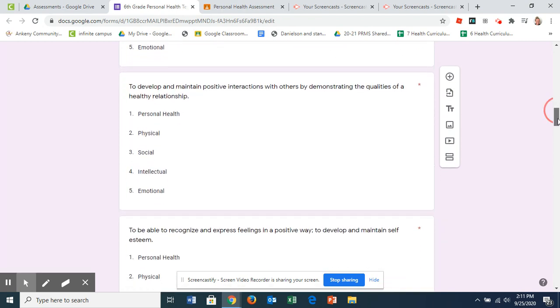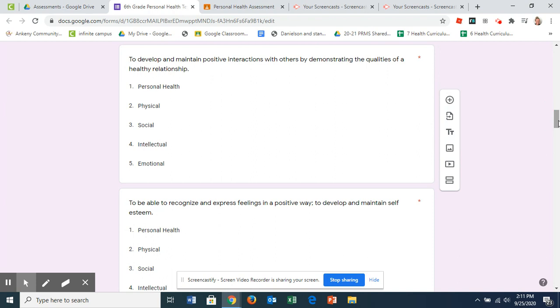Moving on. To develop and maintain positive interaction with others by demonstrating the qualities of a healthy relationship. Would that be personal health, physical, social, intellectual, or emotional health?